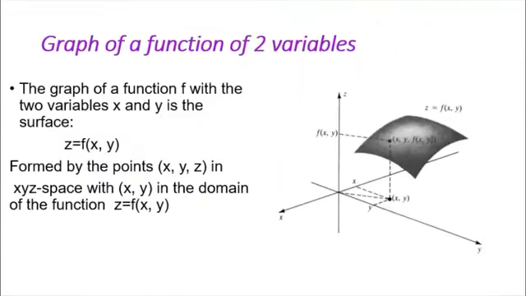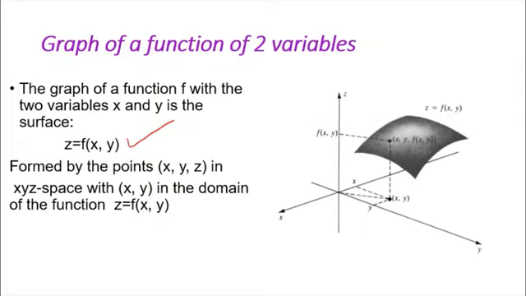Here we can see how the graph of a function of two variables appears. If you take a function z = f(x, y), there are two independent variables and one dependent variable, so totally there are 3 variables.